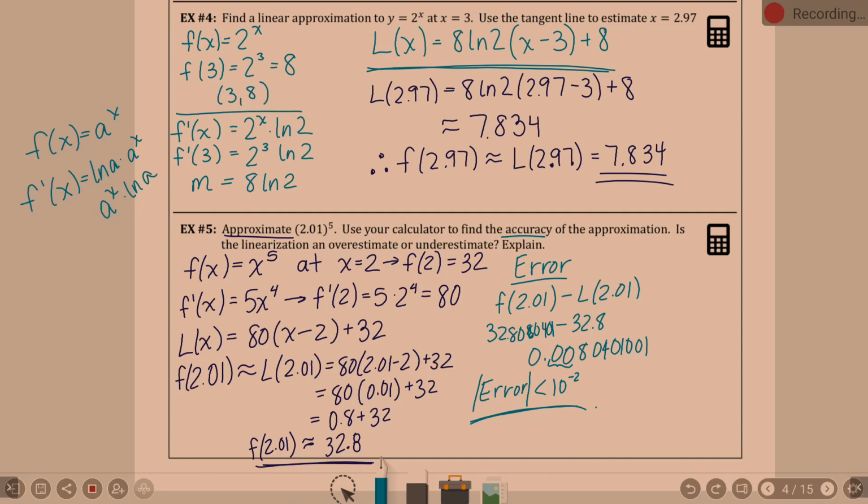And then finally it asks if the linearization is an over or under estimate. When we start talking about over and under estimate, what do we have to know at that section? Not slope necessarily, concavity. Yeah, I would take a peek at the graph here.